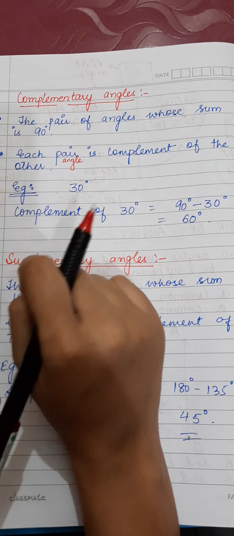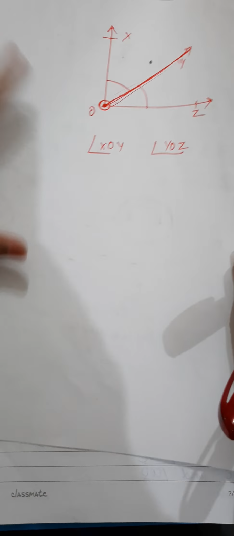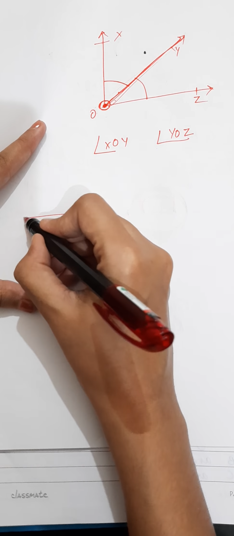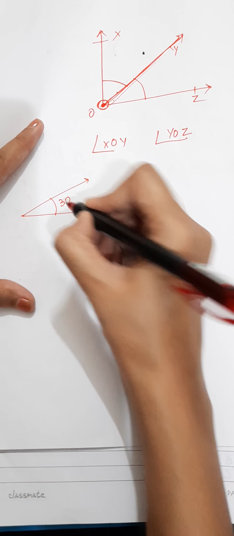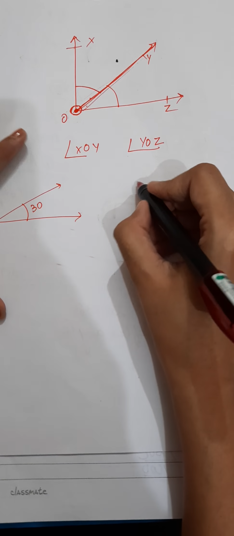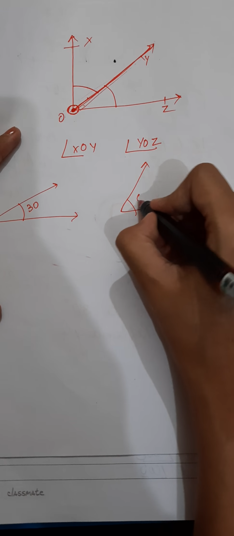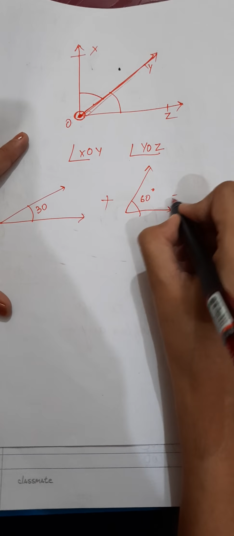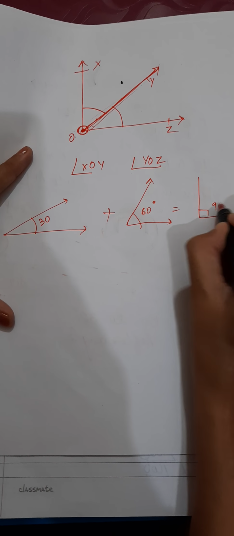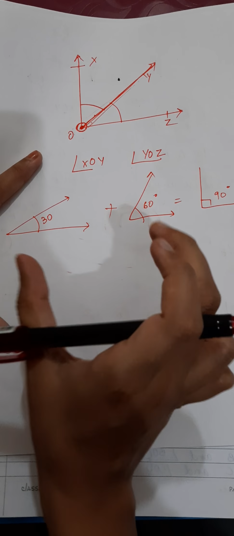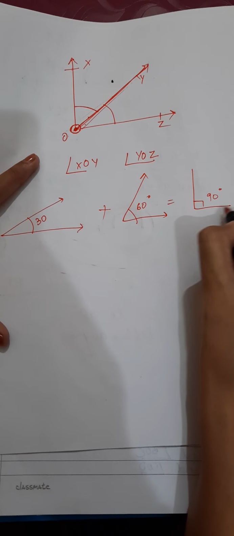For example, 30. Now they are saying one angle is there which is of 30 degrees, one angle is there which is of 60 degrees. When I combine them together, they make 90 degrees. So the sum of two angles has to be 90 degrees.